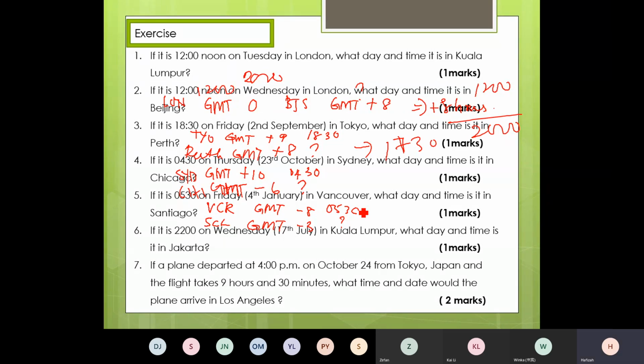How did you calculate to get that? Do the rest get the same answer with him? Wait, they are calculating. Calculate first.